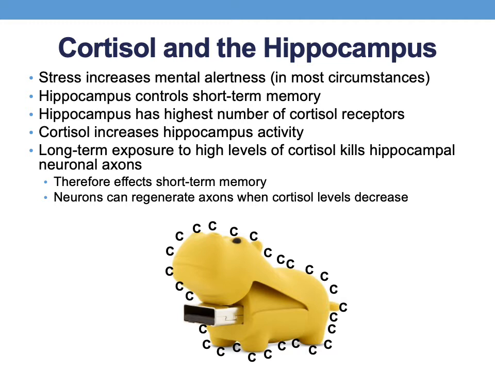Neurons can regenerate their axons when the cortisol levels decrease, as long as it decreases within an appropriate amount of time. So what this means is, if a student is stressing so much over studying information, they physiologically will not be able to remember it because they're killing their hippocampus.